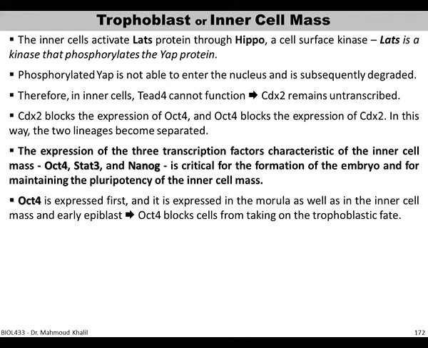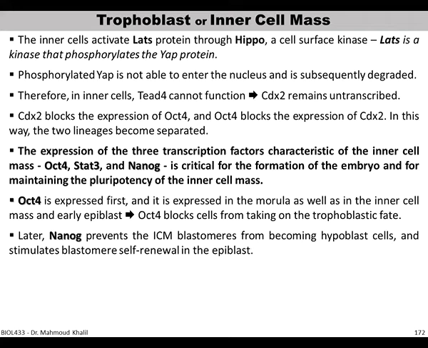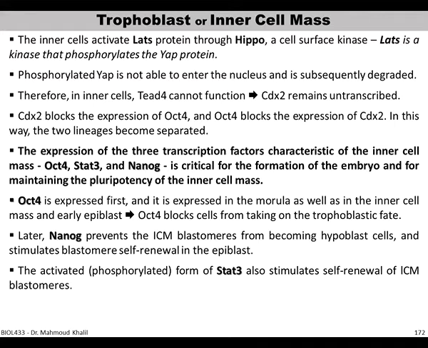OCT4 blocks cells from taking on the decision to make trophoblast cells, while NANOG later on prevents ICM blastomeres from becoming hypoblast cells and stimulates blastomere self-renewal to form new cells in the epiblast. The activated form, which is actually the phosphorylated form of STAT3, also stimulates the self-renewal of the ICM blastomeres.